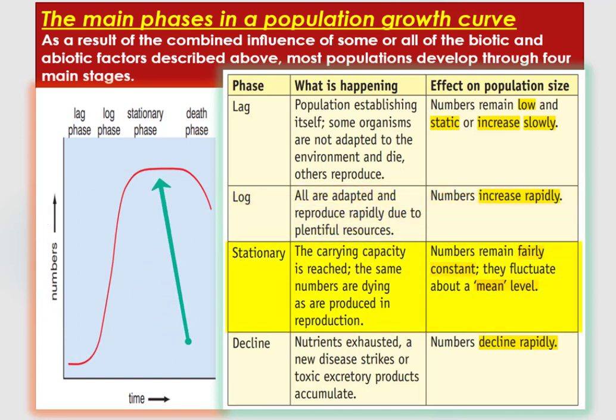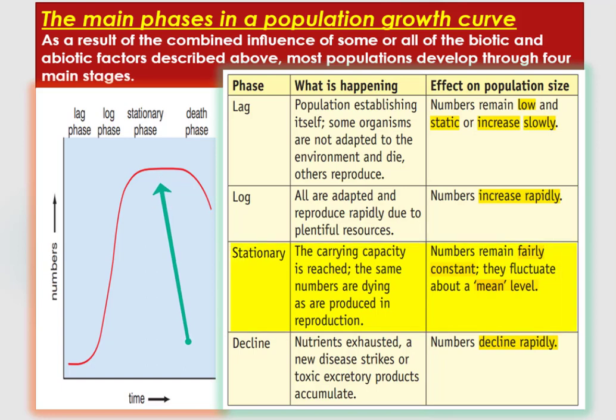In stationary phase, the carrying capacity of the environment is reached. That means the rate of population growth is limited by resource depletion or exhaustion and accumulation of certain toxic chemicals due to overpopulated members. In this case, birth rate and death rate are equal, which means population growth rate becomes constant.